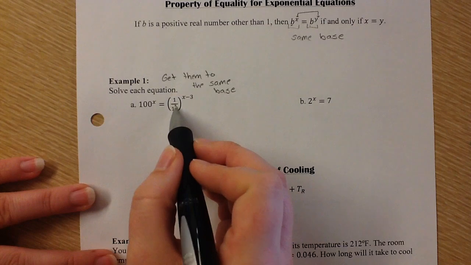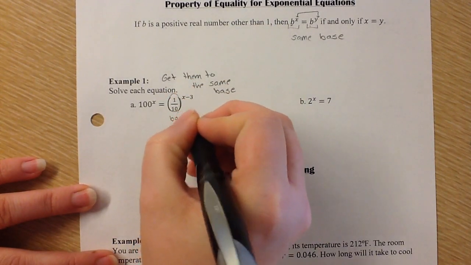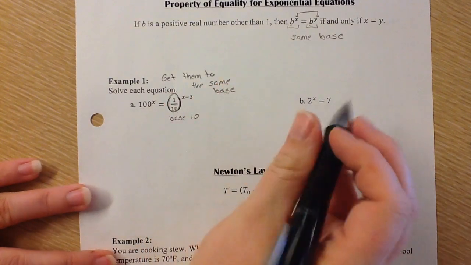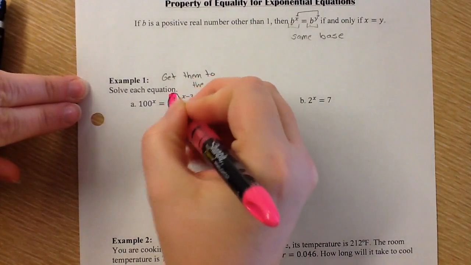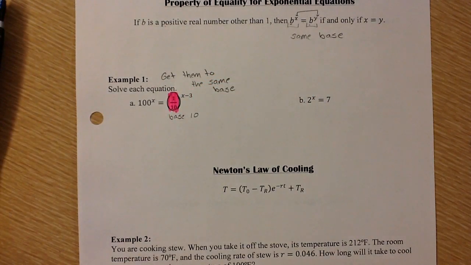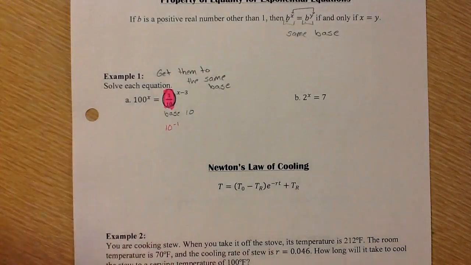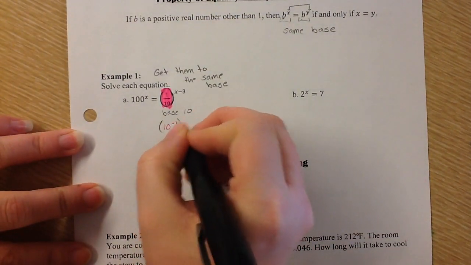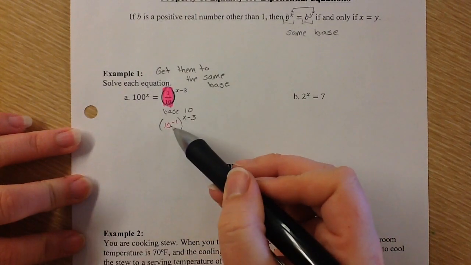But I notice this 1 over 10 can be rewritten in base 10, as 10 to the negative 1. That is the same as 1/10, but that is still to the x minus 3 power.